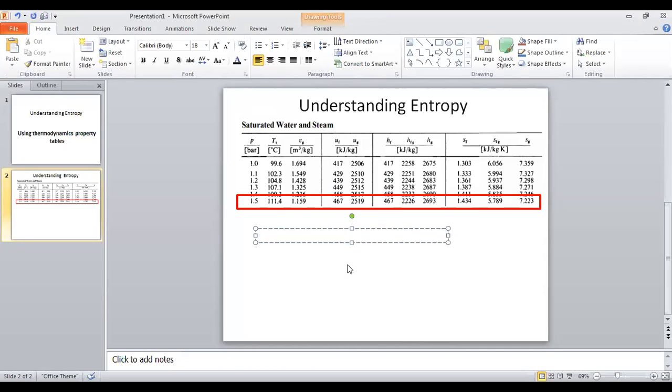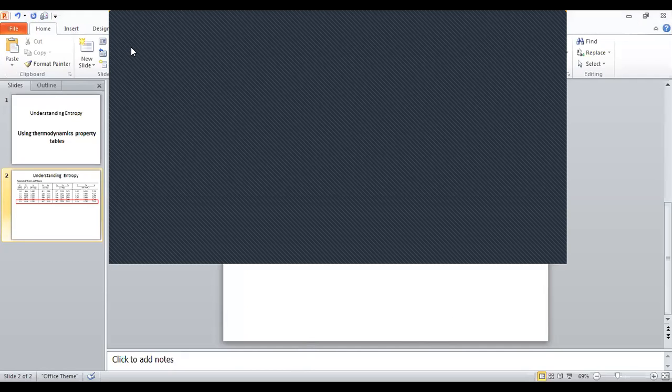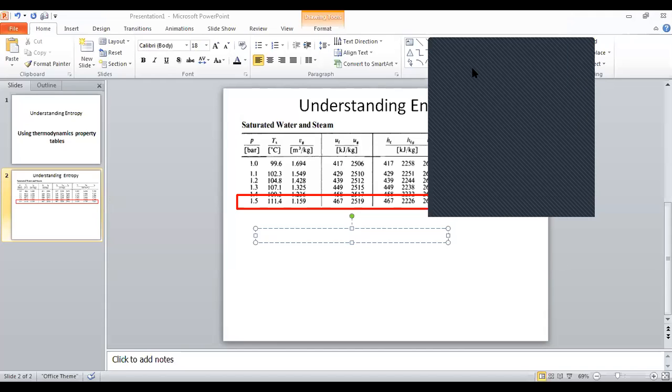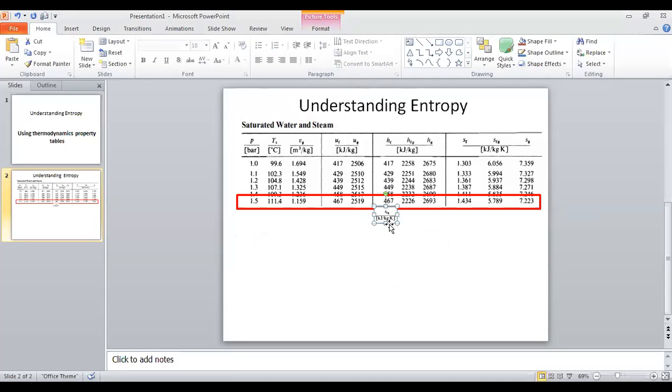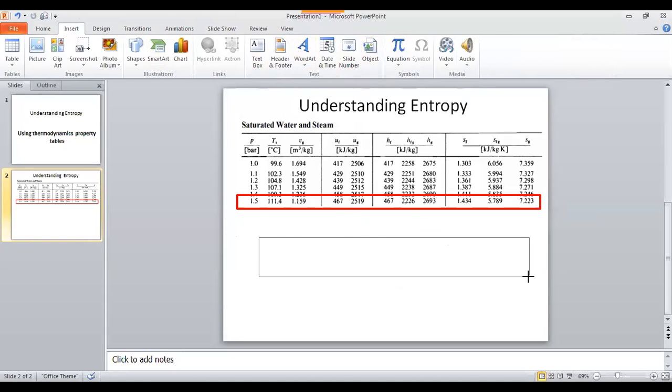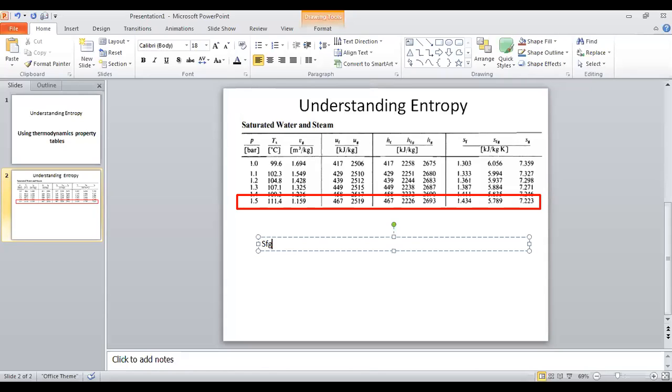You may realize that here the SFG, so I will take only this one, SFG and HFG here.